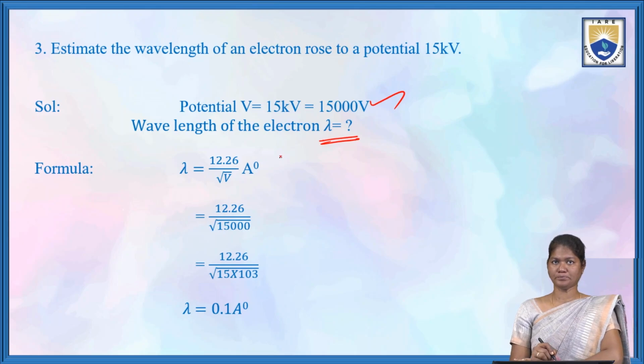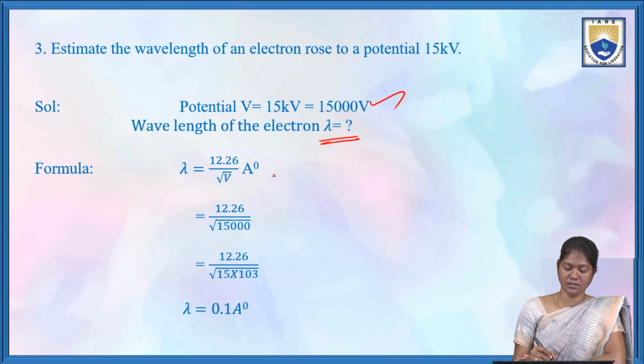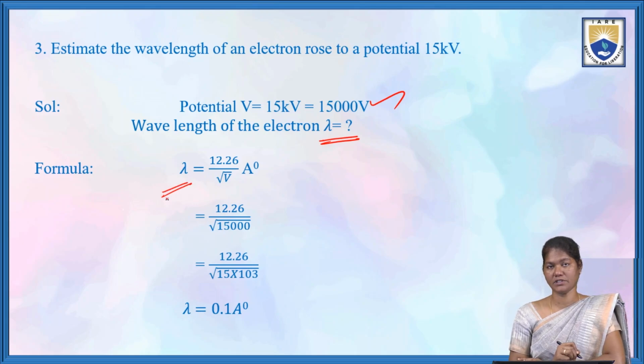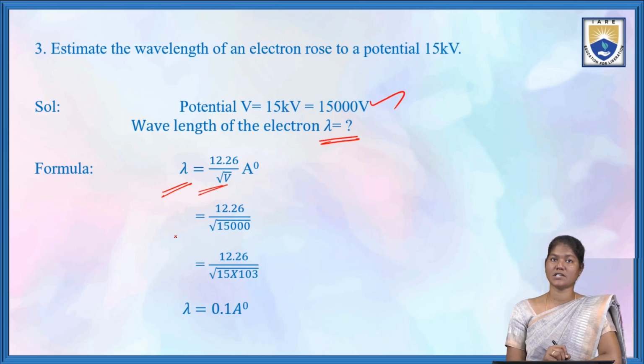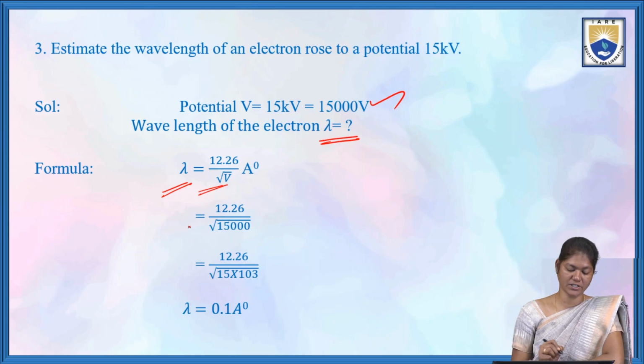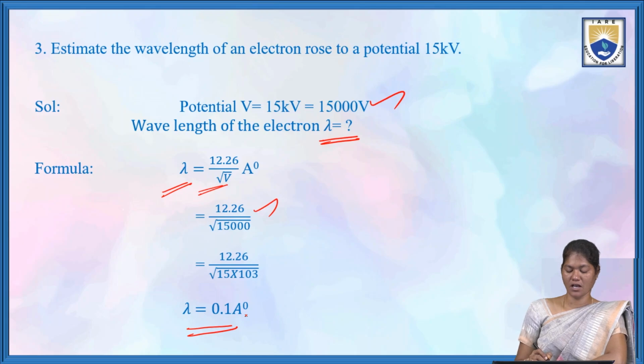Here the formula for a particle which is accelerated with some potential difference has the wavelength lambda equal to 12.26 divided by root V angstrom. So this is the formula for a particle accelerated with some potential difference. So it is equal to 12.26 divided by root of 15,000 volts. So lambda is equal to 0.1 angstroms.